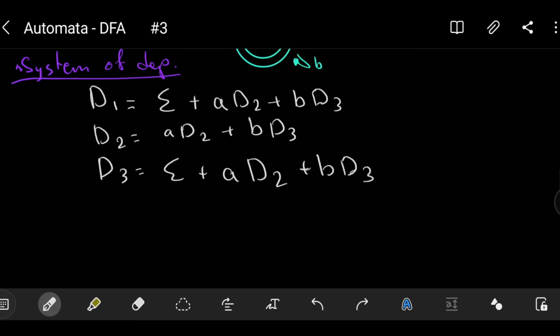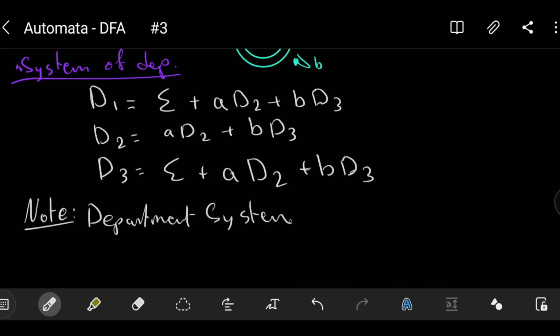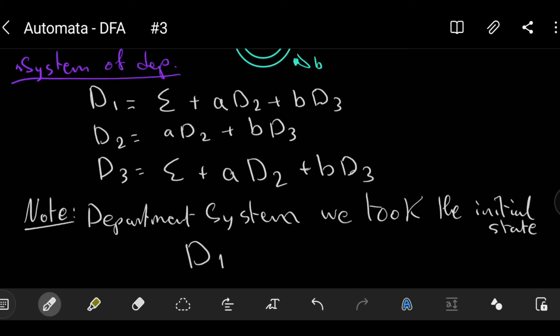Okay, now it's very important to note that for the derivative system, we took the initial state. In this case, we have the initial state D number 1, so we consider it as the reference, and we need to get rid of D2 and D3.